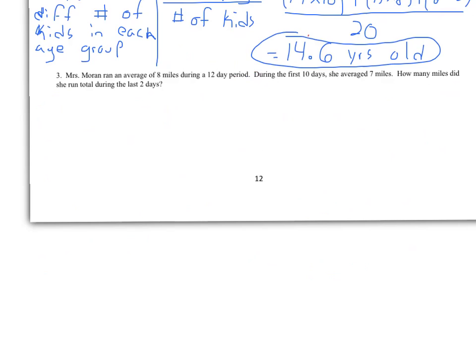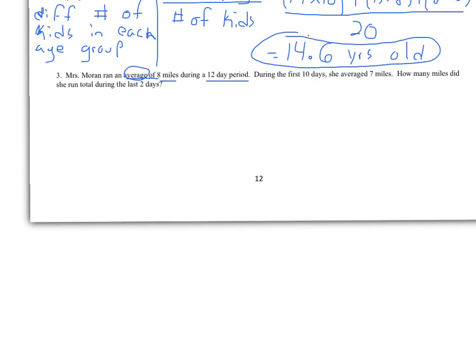Okay, Miss Moran ran an average of 8 miles during a 12-day period. Right away I see something really important: average. What was the average? The average was 8 miles.